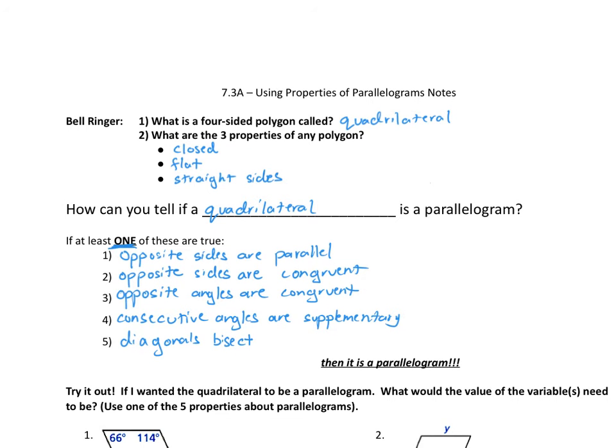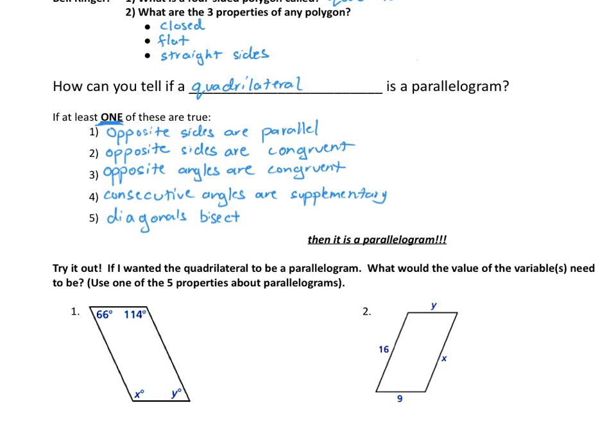Then any one of those 5 things you can use to determine if you have a parallelogram. Along with the opposite sides being congruent, that's true for the most part.